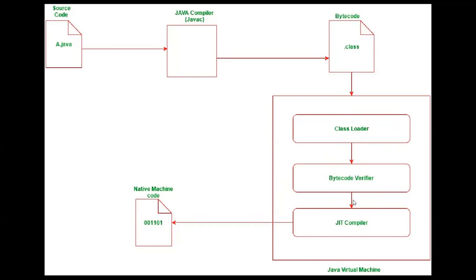After verifying, it goes through the JIT, known as the just-in-time compiler. The JIT will compile or interpret the bytecode into zeros and ones. Once it's native machine code, it runs your application for you to get your output. I hope that's clear.